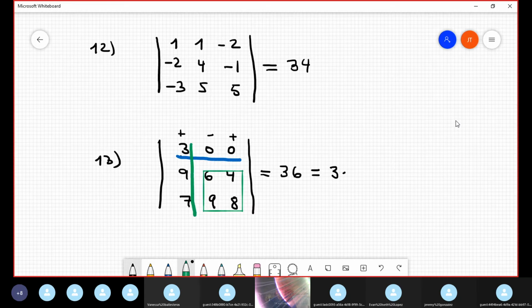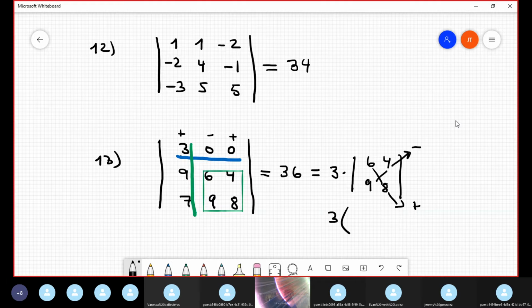So this determinant is 6, 4, 9, 8. Multiplying, positive 48, 6 times 8, minus 36, which is 9 times 4. And 48 minus 36 is 12. And 12 times 3 is 36.